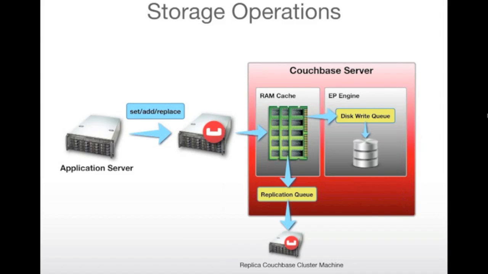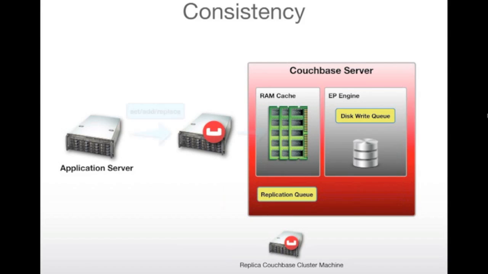For anybody coming from CouchDB, we don't have multiple versions in Couchbase. We are a consistent database, and we don't keep multiple versions. Also, for replication, it'll hit the replication queue and be sent out to another Couchbase machine in the cluster for failover and failsafe.